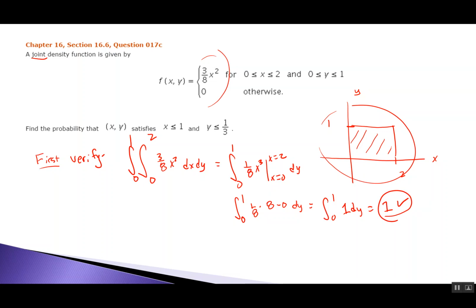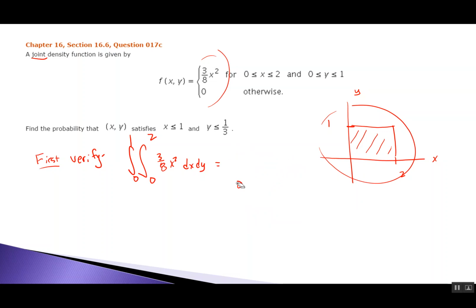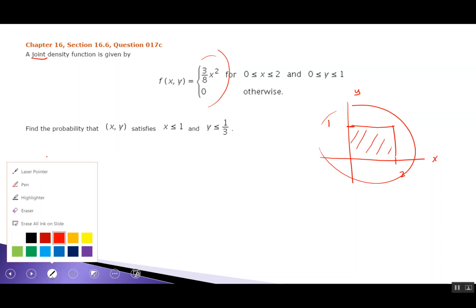So once I've got that done, now we can do what the question is asking for. Let me erase this so we've got some more space. So we've verified. Now we're going to find this. Here's what it's asking.